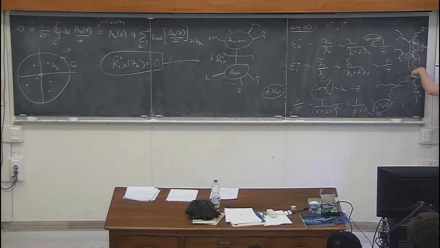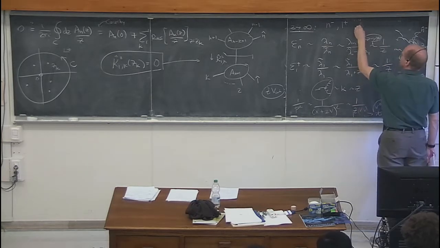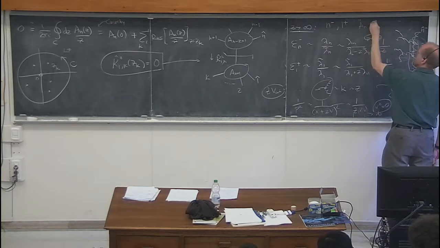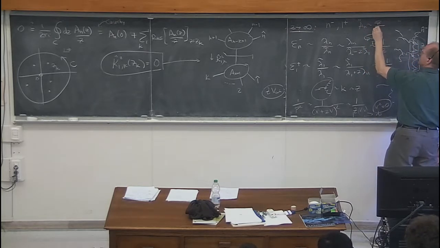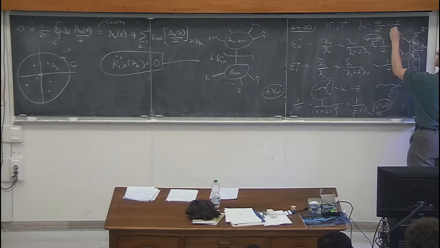You can see there's one more vertex here, 3 vertices and 2 propagators. No matter how many you put in, there's one extra vertex that goes like z. But fortunately, I had 2 external state factors that went like 1 over z. So the final dependence of this amplitude is z from the excess vertex divided by z squared, which goes like 1 over z.